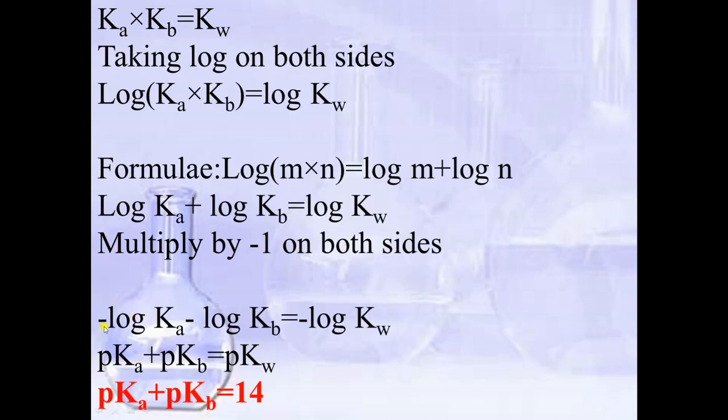So the equation becomes minus log of Ka minus log of Kb is equal to minus log of Kw. Now this is the formula of pKa, this is the formula of pKb, and this is the formula of pKw. Now pKw is equal to 14, so pKa plus pKb is equal to 14.